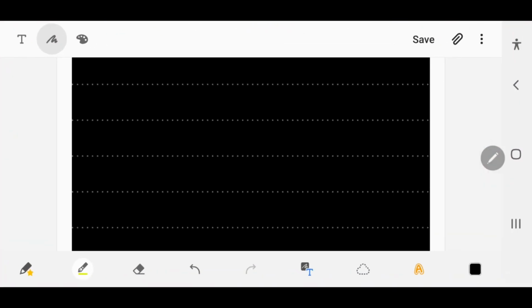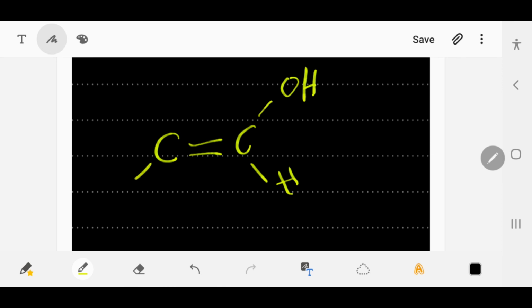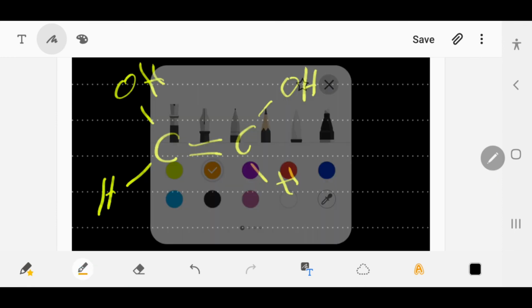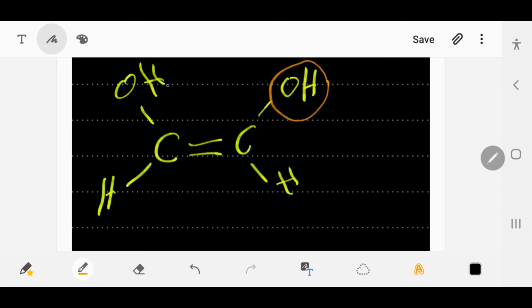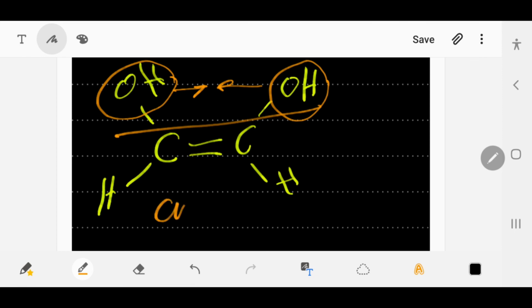For example, as you can see here, what if we have C, OH, H, OH. In this shape here, the hydroxyl groups are both located at the same level. So this is the cis isomer.